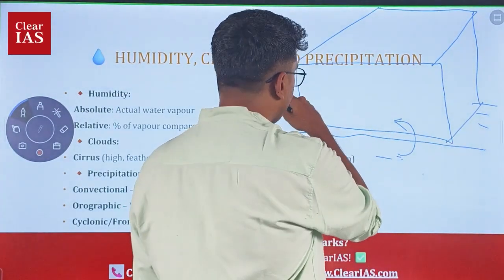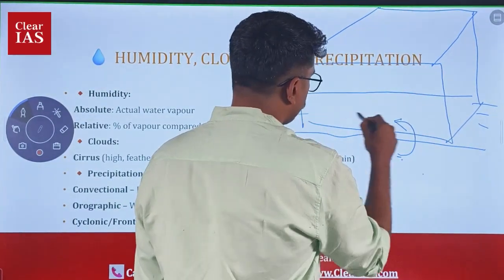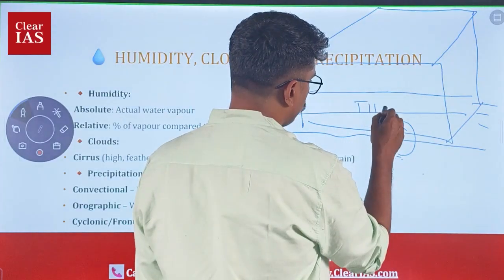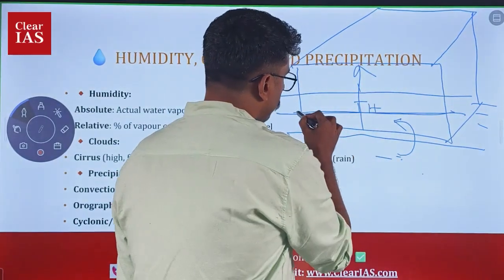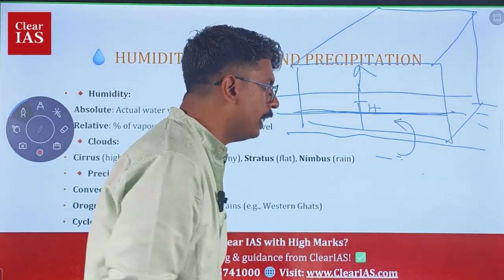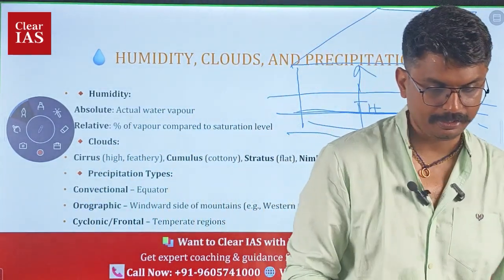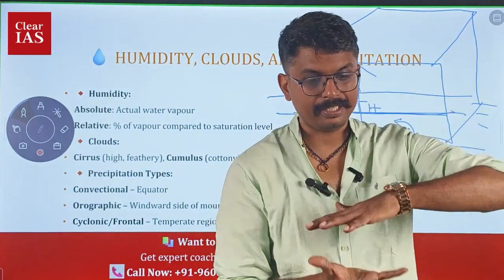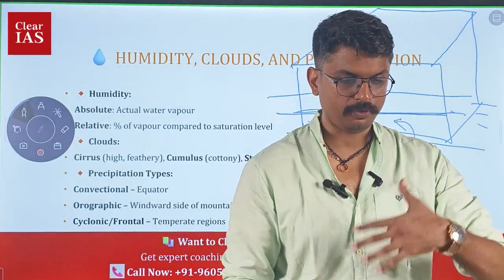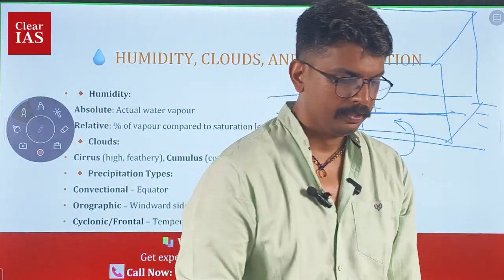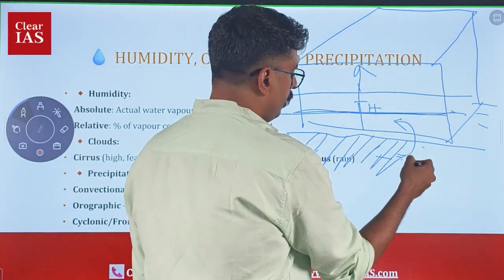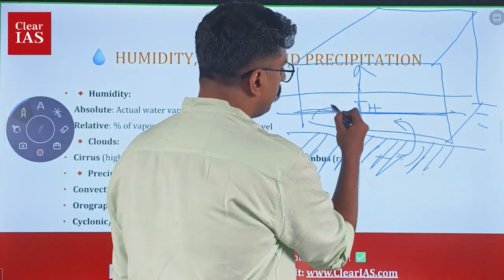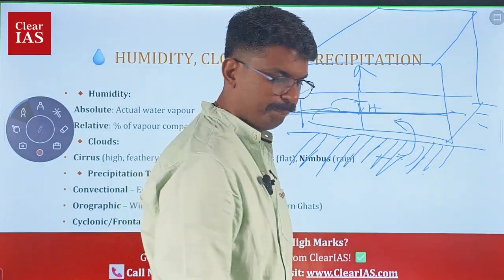And if you cut the air mass horizontally, you can see that the temperature and humidity horizontally is the same, not vertically. Vertically it will change, but horizontally it will have the same temperature and humidity. So it happens when the air stays stagnant over a surface for a long time. If it is a cold region, if there is snowfall, flat region snowfall, it would become a cold air mass.